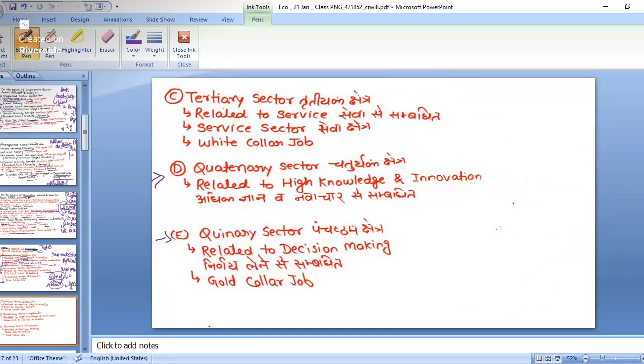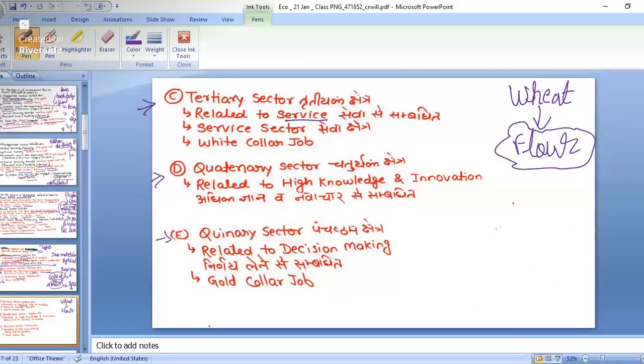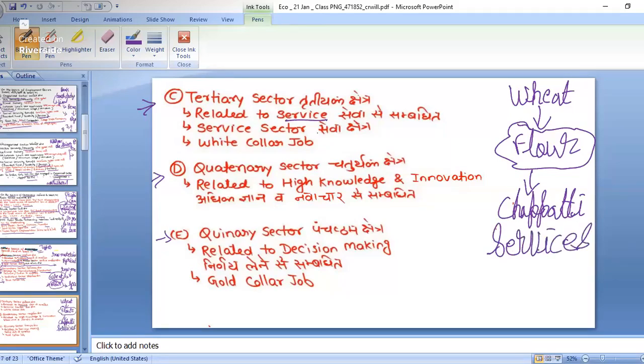We have the tertiary sector. The tertiary sector is related to service. From wheat, this flour is made. After flour is made, from this flour we have chapatis. When the chapatis are made, in hotels you get those chapatis. They are providing services in hotels. So those things come under the tertiary sector. It is related to service, so it is also known as the service sector.